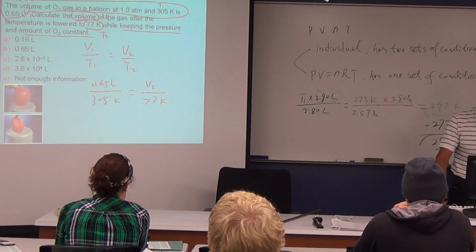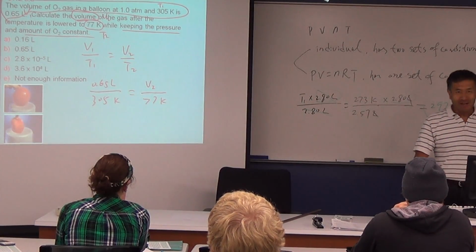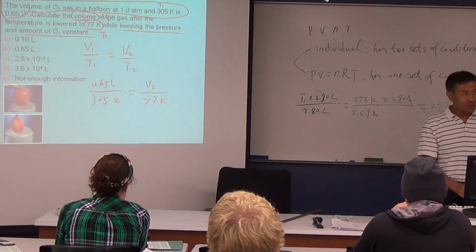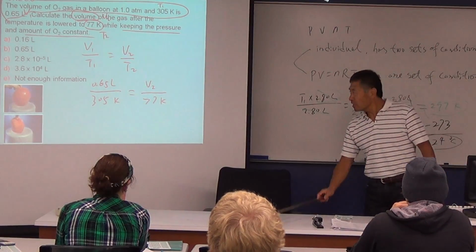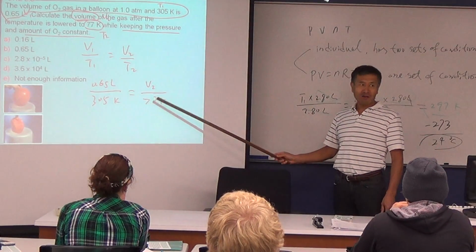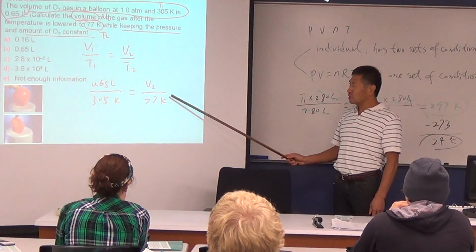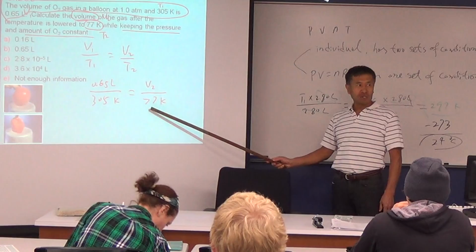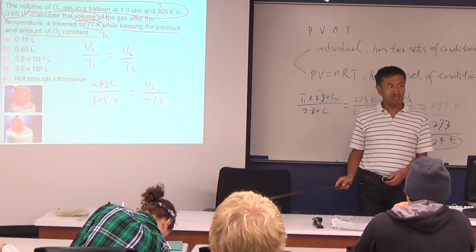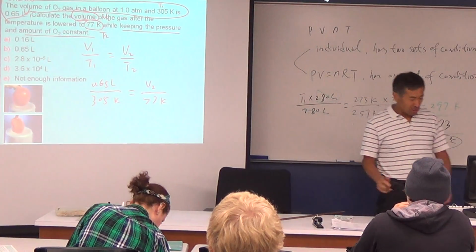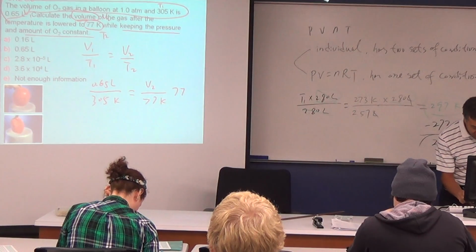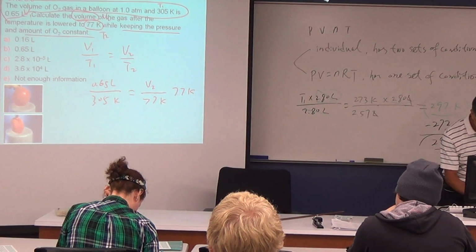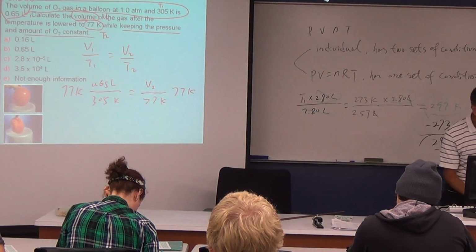You know all the steps. And so now you want to find out V2, right? So you want V2 by itself on the left side. If it's on the top, you can see one step. You just multiply by 77 K here, multiply by 77 K here.